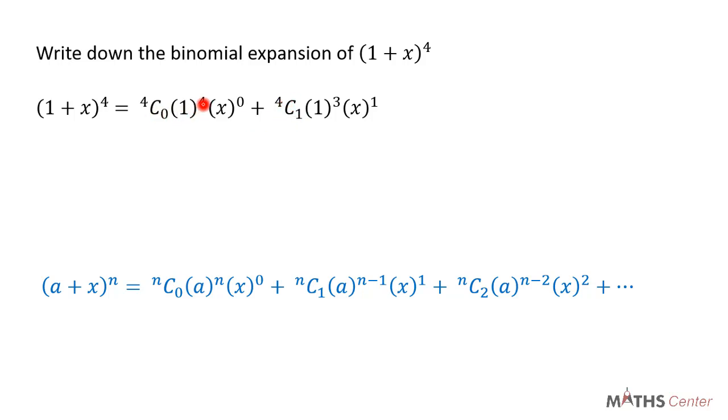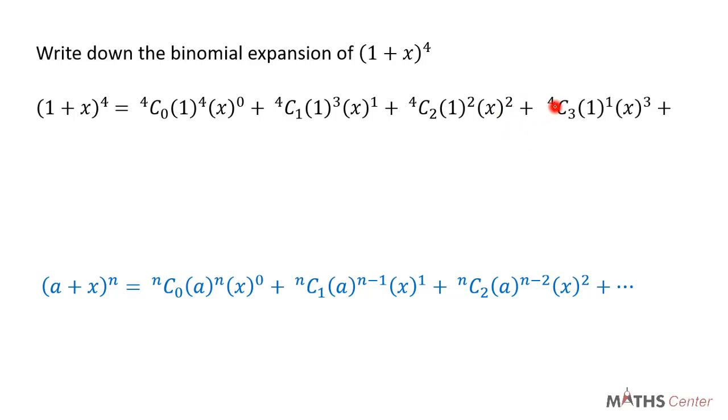The exponent on 1 will reduce by 1 to 3, and the exponent on x will increase from 0 to 1. The next term will be 4 combination 2, 1 squared, x squared. We move from 4 combination 1 to 4 combination 2. The exponent on 1 will reduce by 1, so 1 exponent 3 becomes 1 squared. Then the exponent on x will increase by 1, so x exponent 1 becomes x squared.